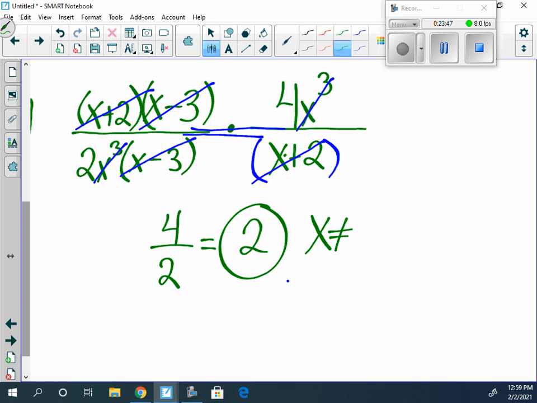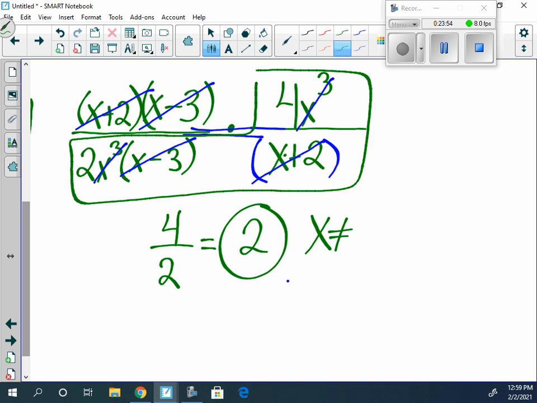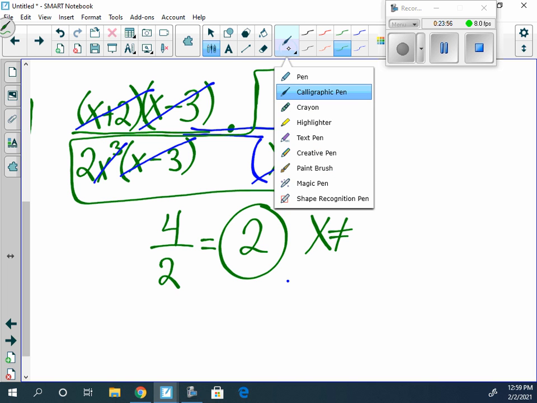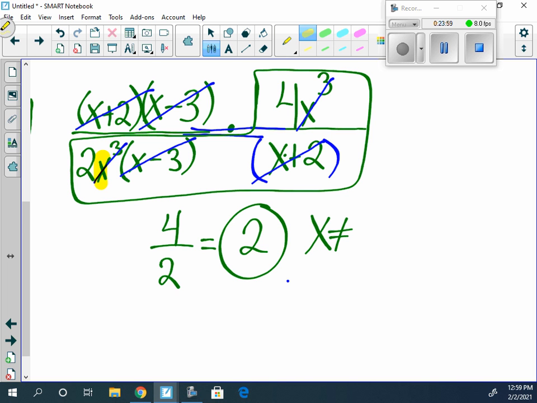Now we're going to have a few restrictions. And when we look for our restrictions, we're really looking in these spots here. Here, here, this, and this. Now, x cubed, what value of x is going to make it 0? Zero. Whenever we just have that variable to a power where there's nothing added or subtracted to it, it's just going to be 0.